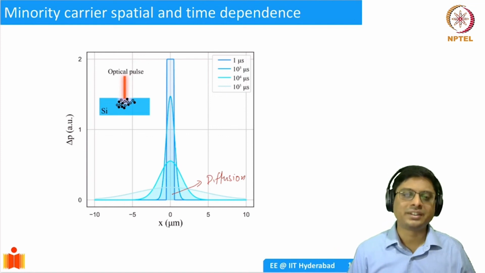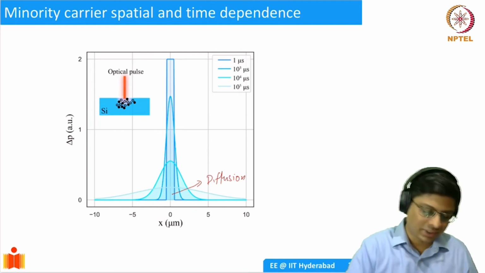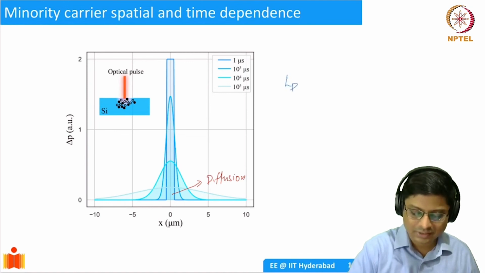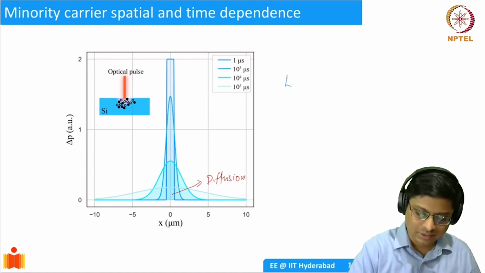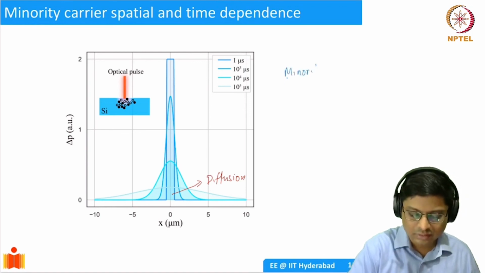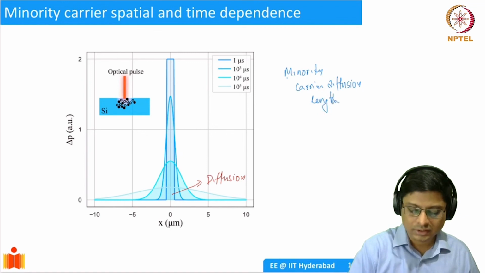These are very, very important parameters. Please make sure that you're comfortable with what we mean by diffusion length, LP. So please make sure that you're comfortable with minority carrier diffusion length and minority carrier lifetime.